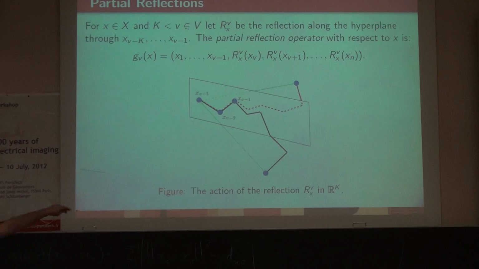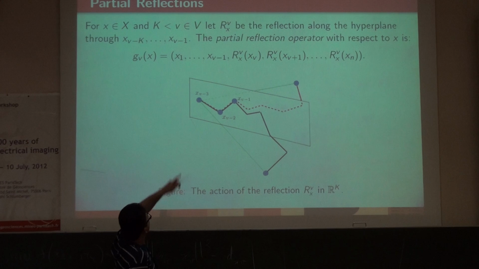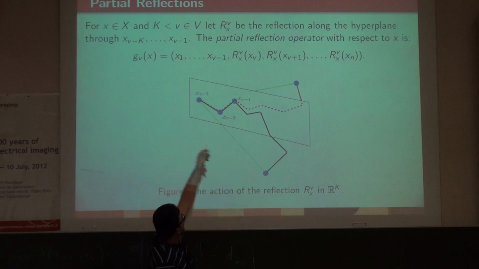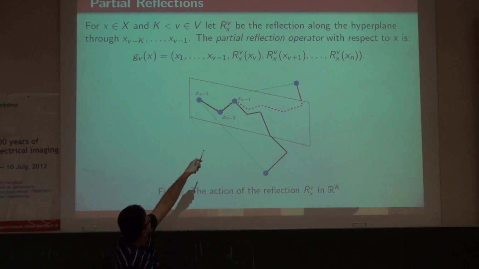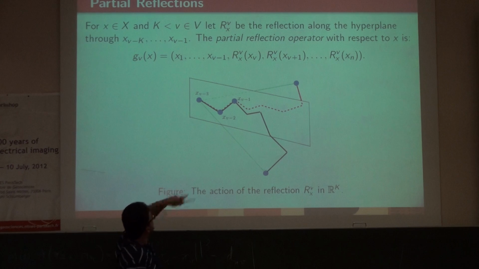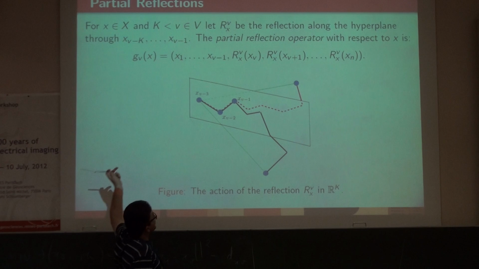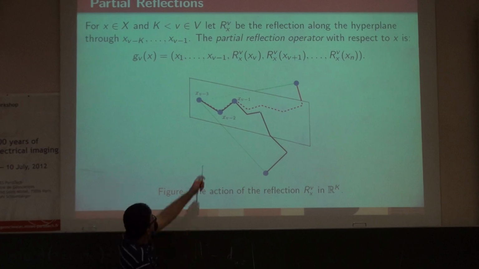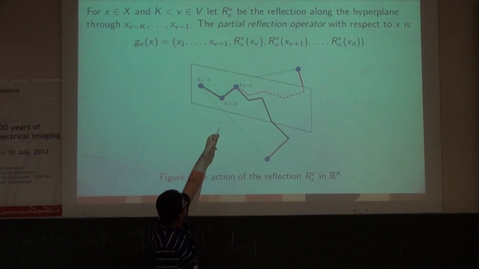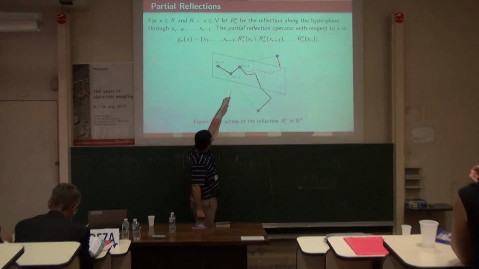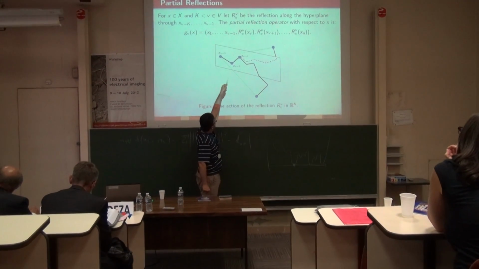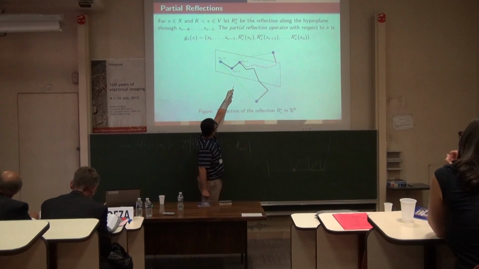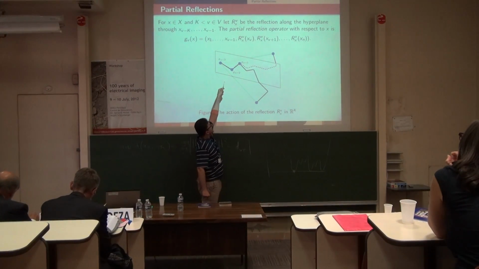So first we need to define this operator, the partial reflection operator. And we are illustrating this when k is equal to 3. So first we are given a solution. In black, we suppose that we have a solution. And first we have to define a reflection of a vertex v. For example, if we fix v, we consider the 3 immediate predecessors, and we have a plane, and we can reflect each point in the solution related to this plane.